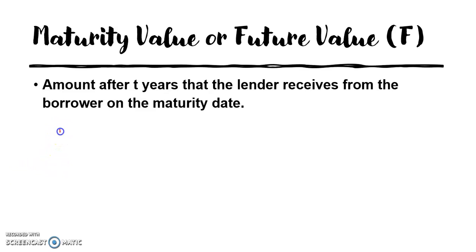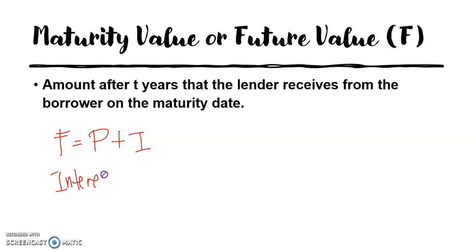So, itong future value, this is just your principal amount, magkano ba yung hiniram mo or pinahiram mo, plus yung tubo or the interest. Future value is equal to principal plus the interest.